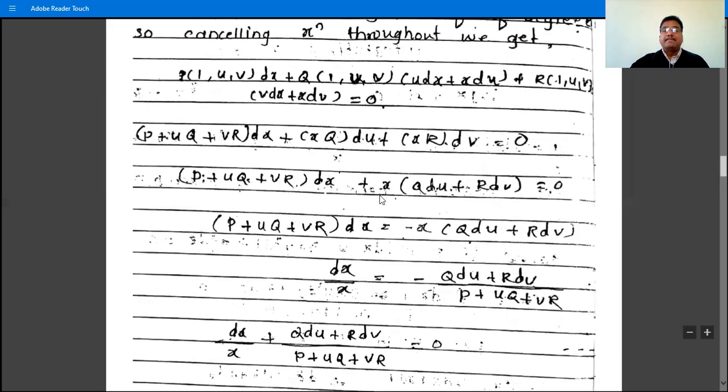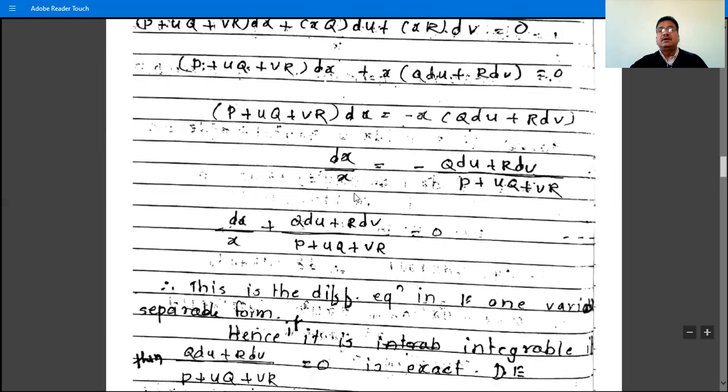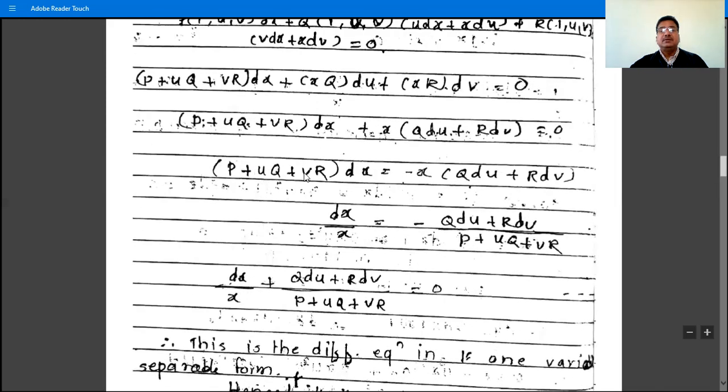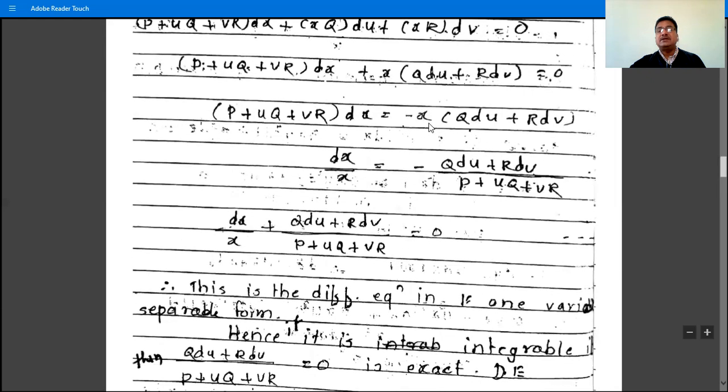So we have (p plus uq plus vr) dx plus x, taking x as common from these two terms, (q du plus r dv) is equal to 0. Then (p plus uq plus vr) dx, this is LHS, shift to RHS, minus x (q du plus r dv), and then shift this x to LHS, we have dx by x minus (q du plus r dv) divided by (p plus uq plus vr).